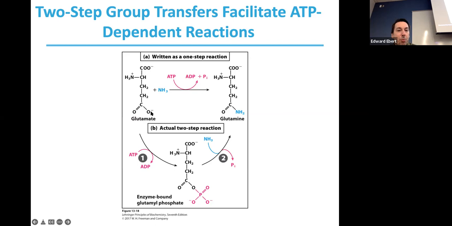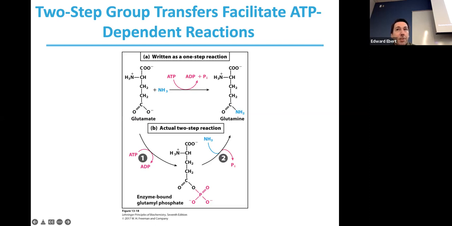The first step is to phosphorylate the oxygen on the side chain of glutamate to give us glutamyl phosphate. Glutamyl phosphate makes the carbon much better to be attacked by the amino group, and phosphate is a good leaving group. So we get inorganic phosphate that leaves, and now we get our glutamine.